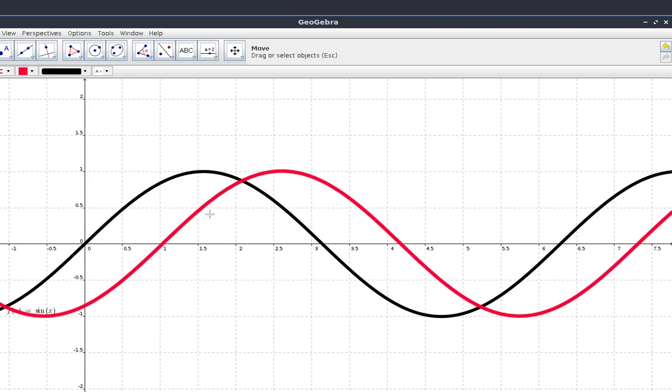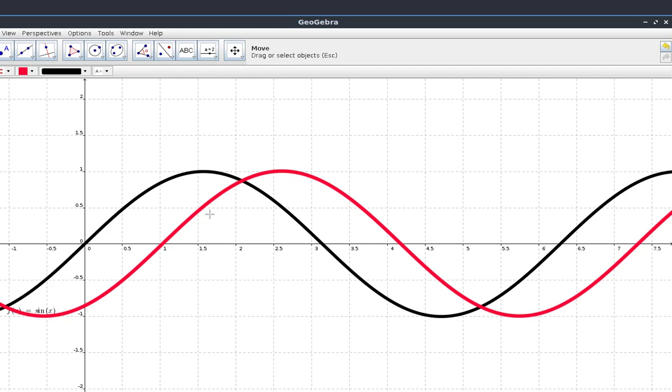So here, you're really on the black graph, and the black graph is what moves, but it's stationary relative to you. So the movement occurs with the original graph, the changed graph.